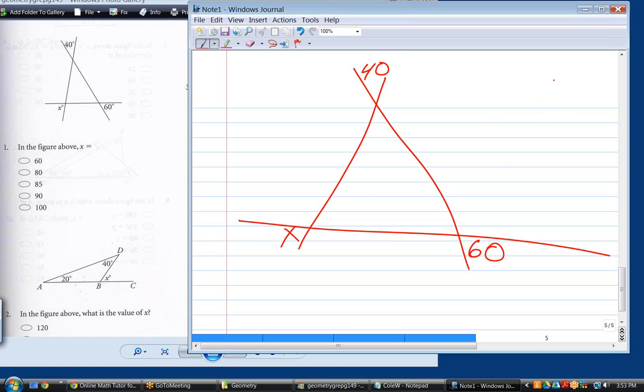In other words, whenever you have two crossing lines, what angles do we know here? Do we know what this angle is? 40 degrees. Do we know what this angle is? 60 degrees. And do we know what this angle is? X. No, x is the correct answer. And now do we know what x is?